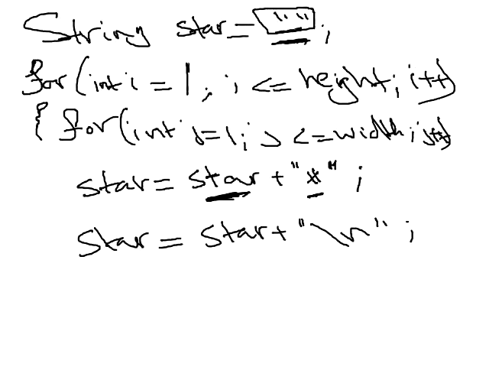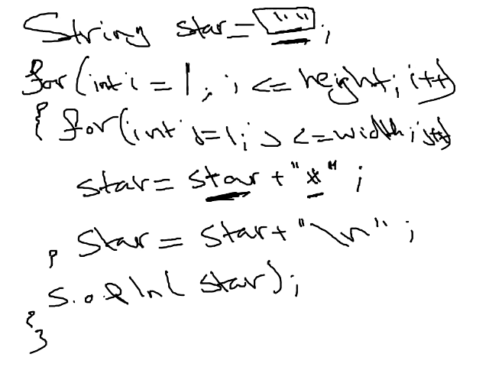Backslash n, meaning that after we draw the first line of stars, we jump to the next line and so on until we finish the for loop. After finishing the nested for, we just need to give an order to the system to print the star for us. You need to give an order, and that's it.